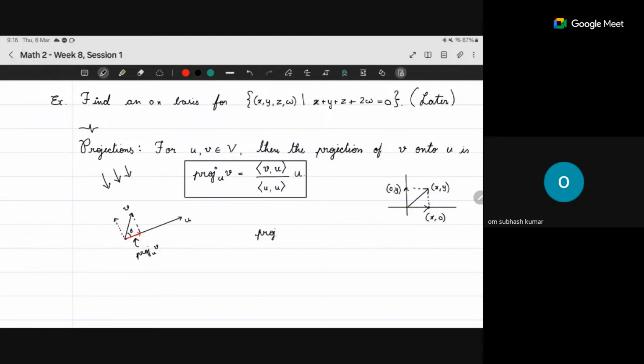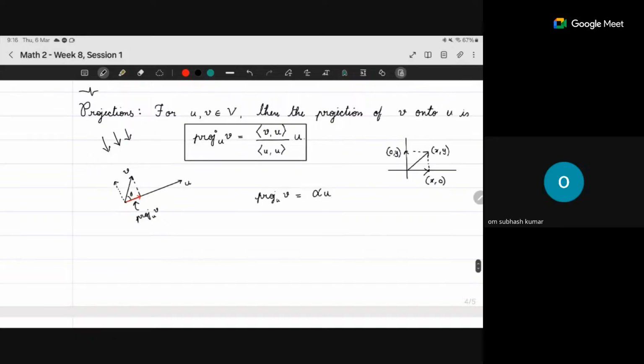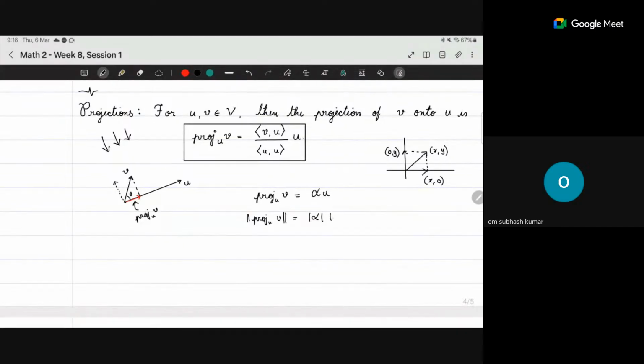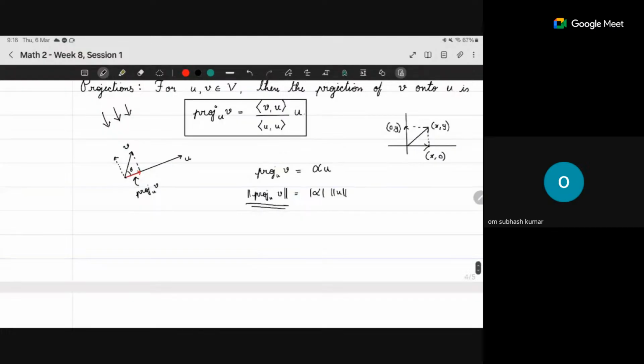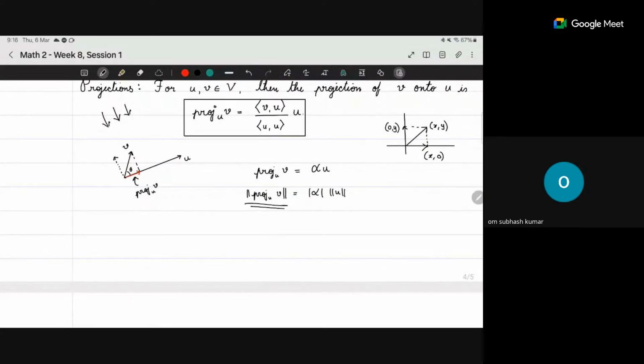So this projection of v onto u is some scale of u. And I have to calculate what alpha is, right? So if I take the norm of the projection of v onto u, this will be modulus alpha times norm u. But what is the norm of the projection of v onto u?